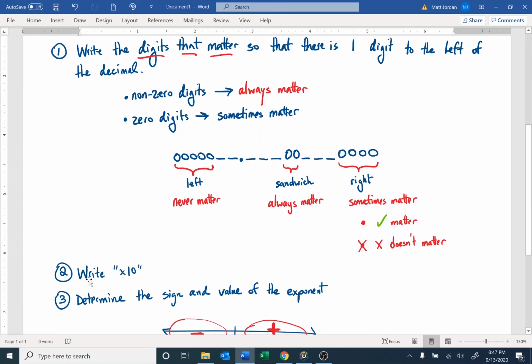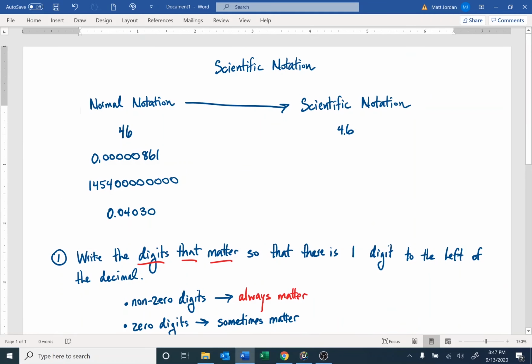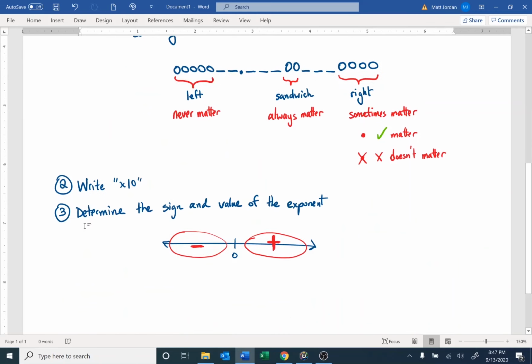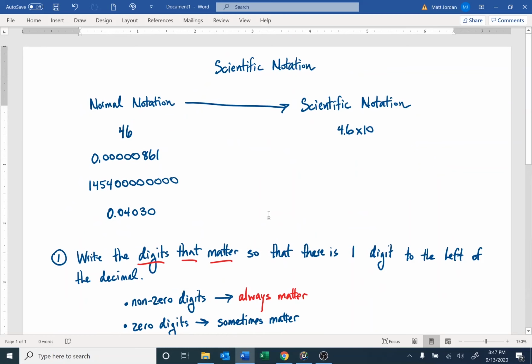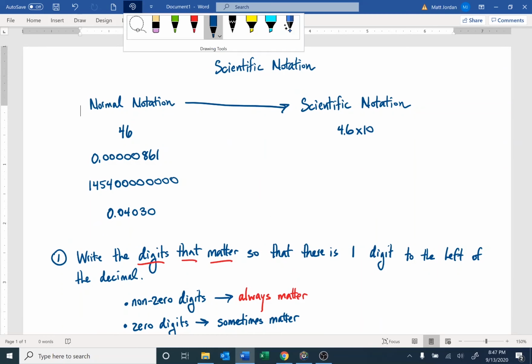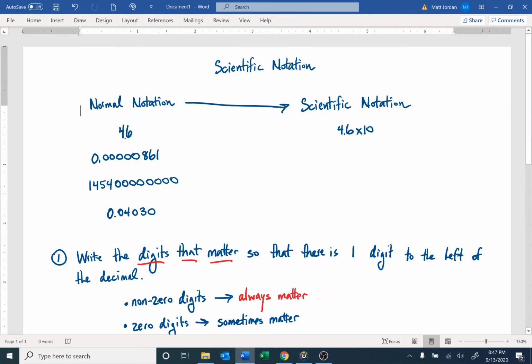Number 2, it says I need to write times 10. So we're going to write times 10. And then the last rule says determine the sign and the value of the exponent. So essentially what I did was I took the 4 and the 6 and put a decimal between them. In order to return the decimal to where it was implied, I need to move it in the right direction one time.